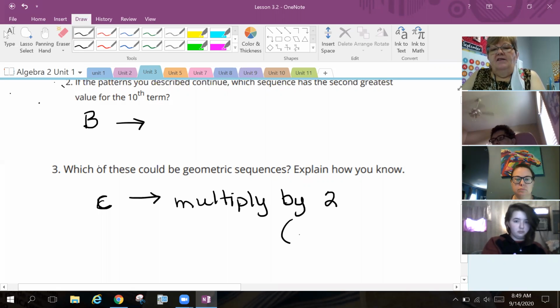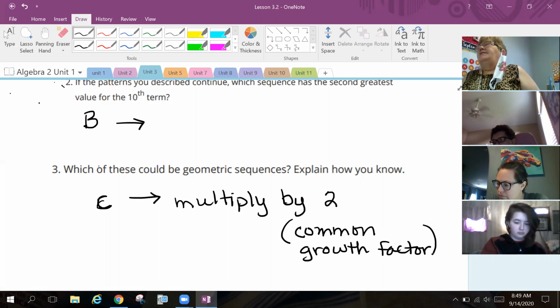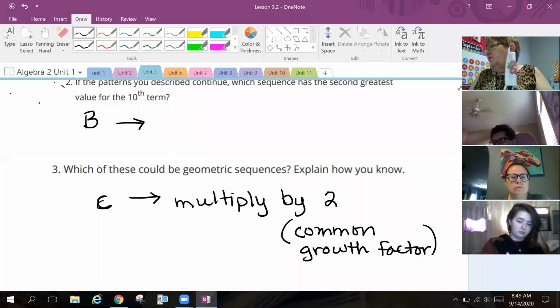It's a common growth factor. It's the same number every time, and that is a must. It has to be the same to be identified as a geometric sequence. Same number being multiplied to be geometric.